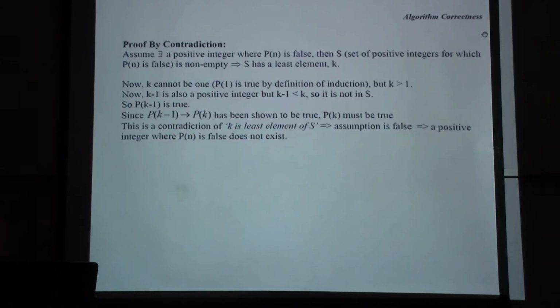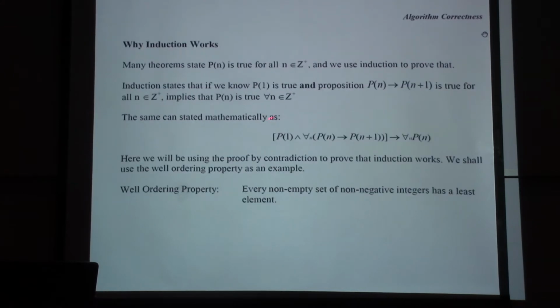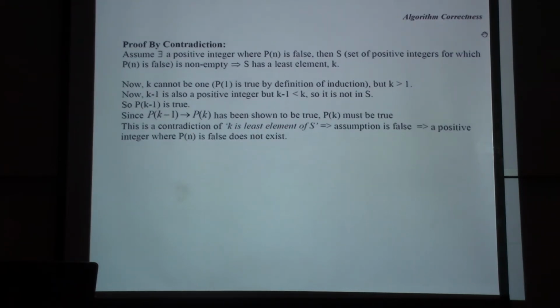So now we're going to go to the next step. Again, if this is true and this is true, suppose that P of n is false for some value. Okay? That's the contradiction. Suppose it's false for some value. So therefore there must exist a positive integer where P of n is false.